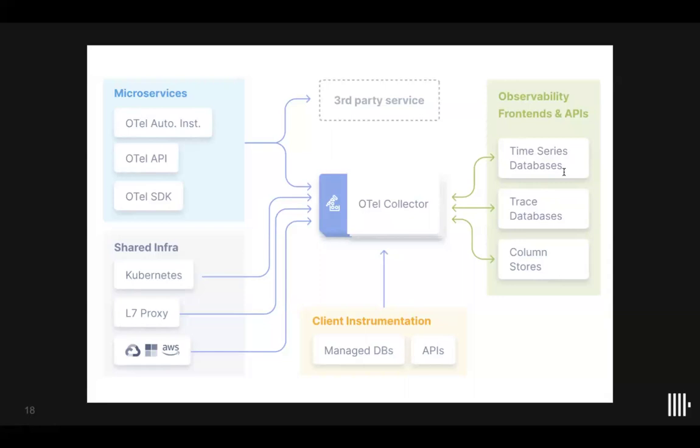It provides a set of vendor-neutral APIs. It's an attempt to standardize observability. It provides vendor-neutral APIs, SDKs, tools for instrumenting your code, generating telemetry, collecting telemetry, enriching telemetry, everything that you need for the collection step.